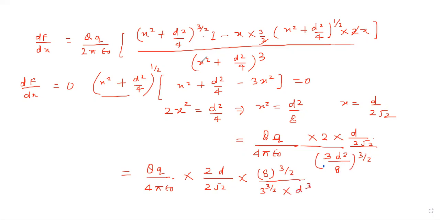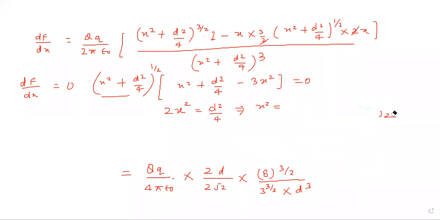And further, we write it as F equal to capital Q small q divided by 4 pi epsilon naught, and from here one d will cancel out, so we can write d square here.